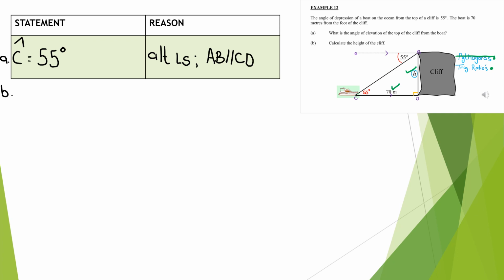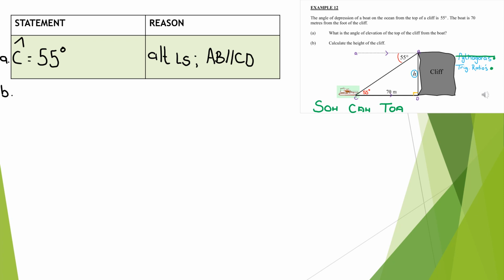Our next option is to use the trigonometric ratios, sine, cosine, and tangent. So let's start off by writing our little acronym, SOHCAHTOA, because we need to know which one is the appropriate option to answer our question.